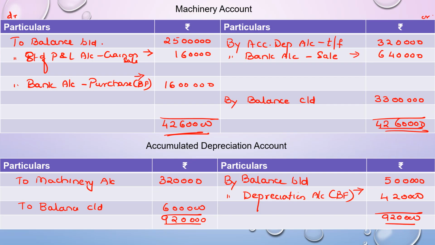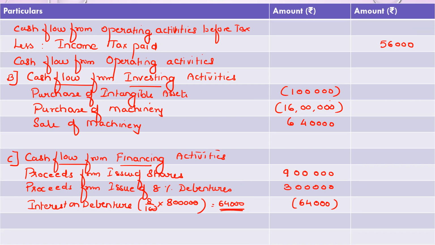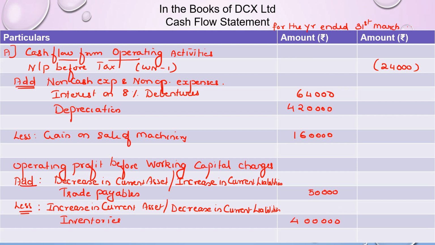All we have to do is start with this also we have taken here. So we start calculating. So these are the two items that have to be added. So it is 4,84,000. So when that is subtracted, you get 4,60,000, and this 1,60,000 has to be subtracted. So we get operating profit before working capital changes as 3 lakh.